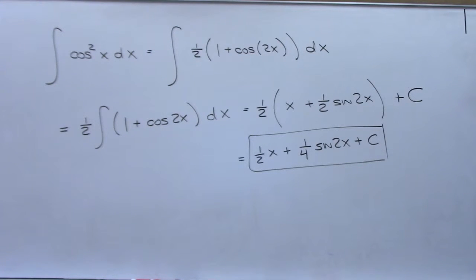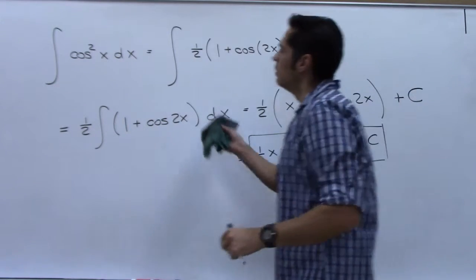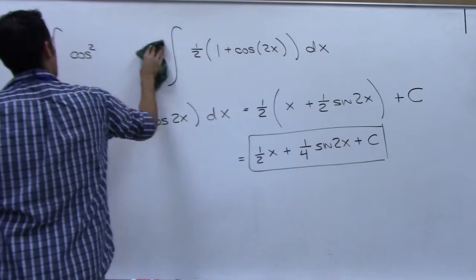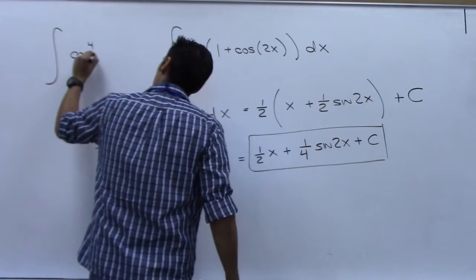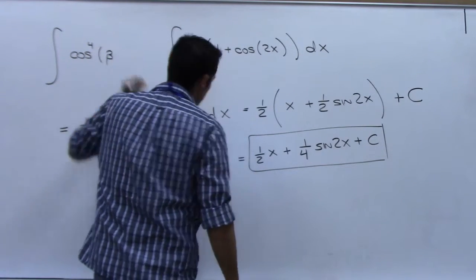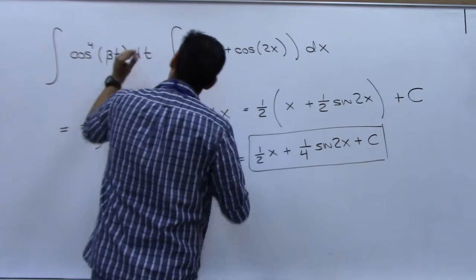All right, so let's take a look now at part C. The only difference from the one I just did is that it's a fourth power, and instead of x, I'm using beta t, dt.